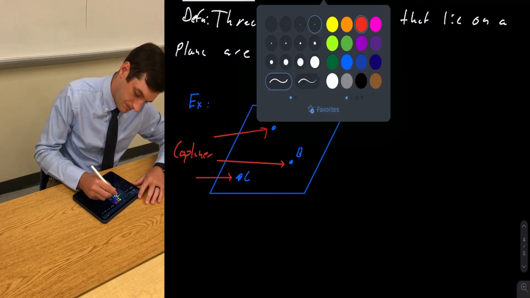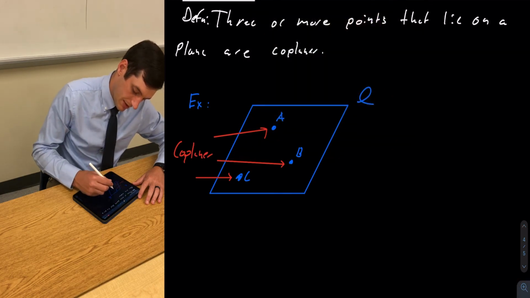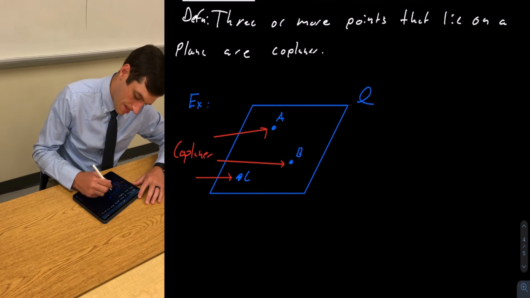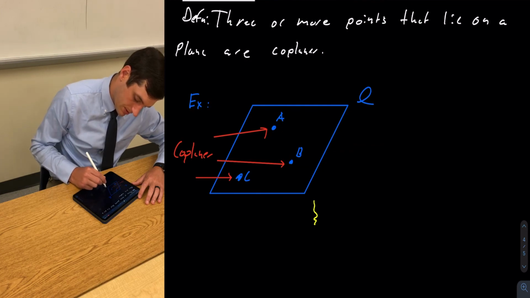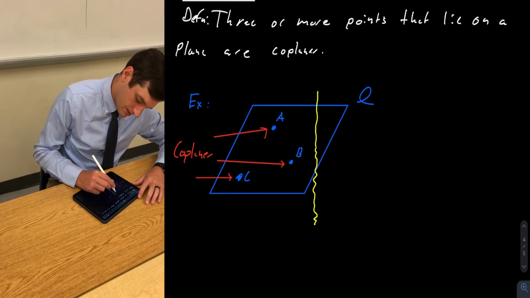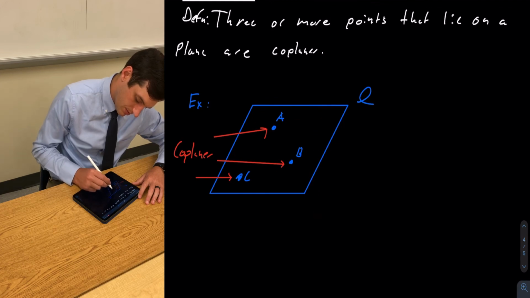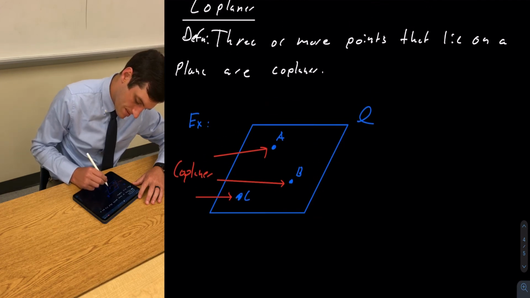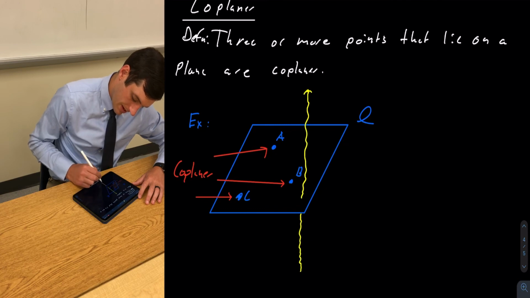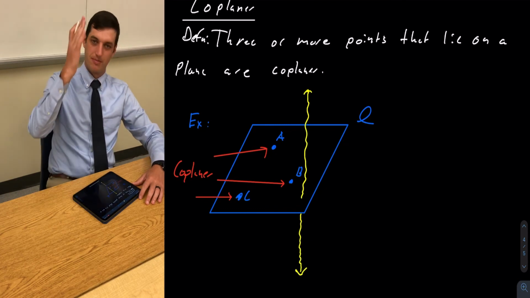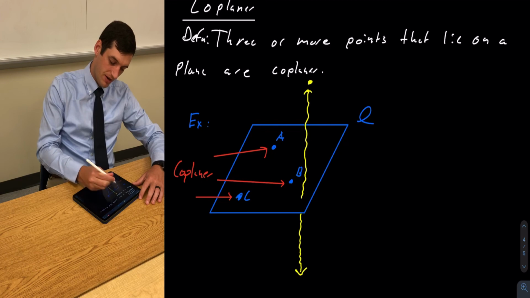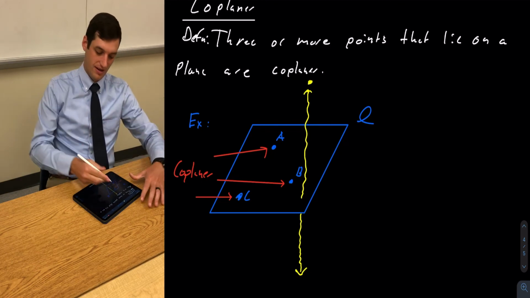And then let's say that there's a line, or some squiggly line, let me draw it a little bit more, that passes through, say there's something that passes through here and this point up here is not on the plane.